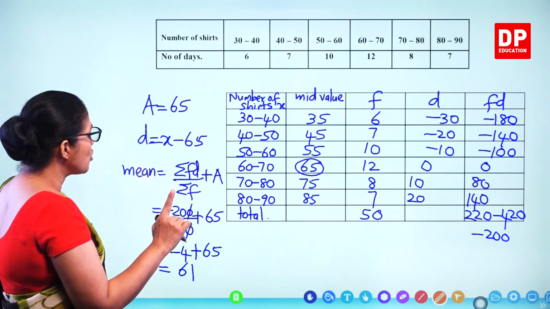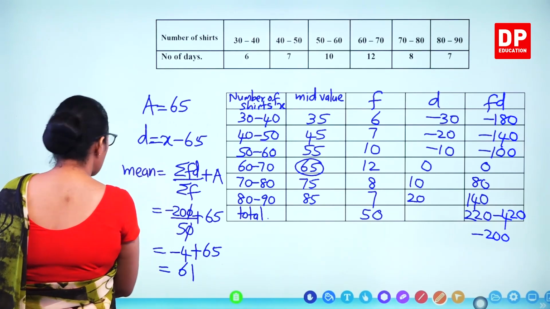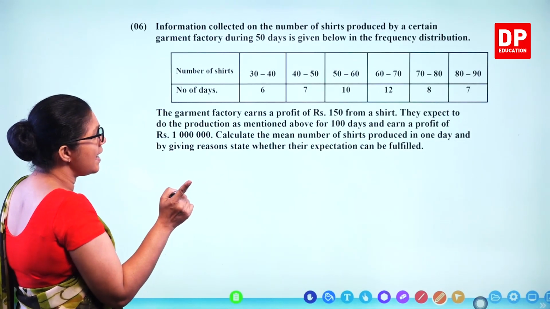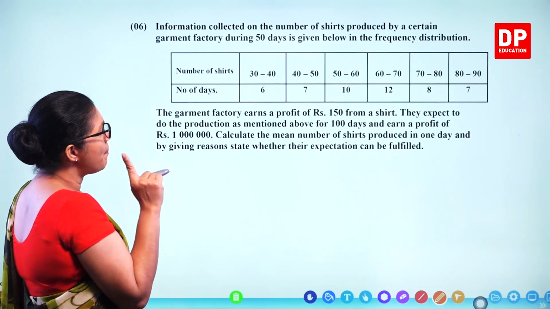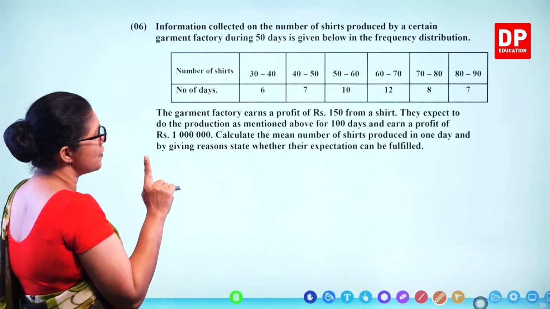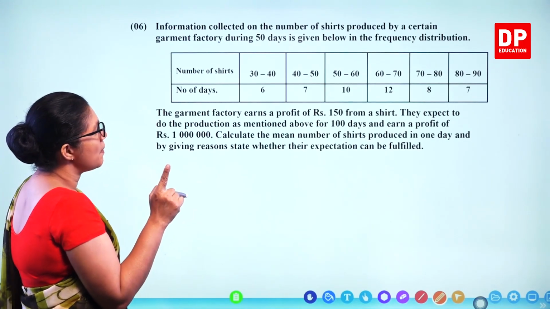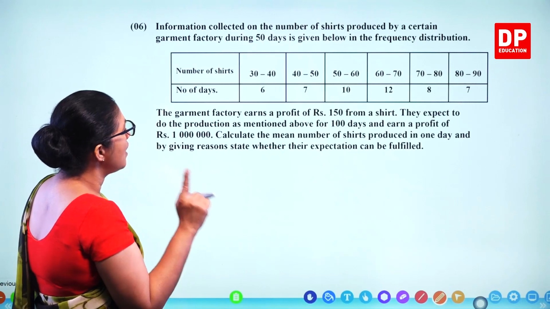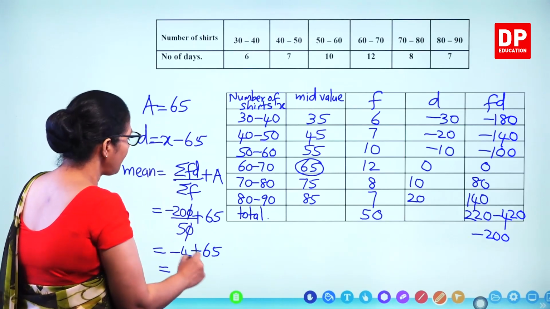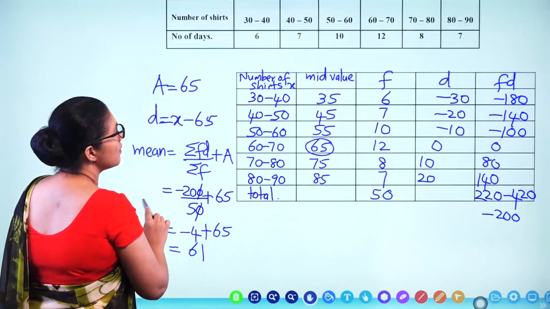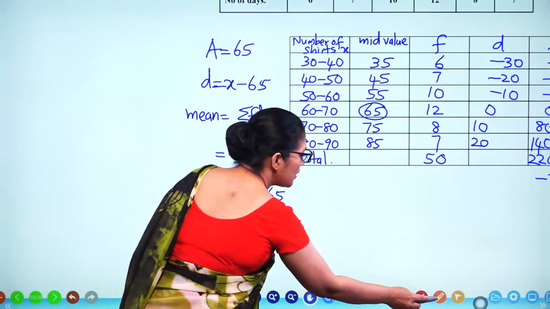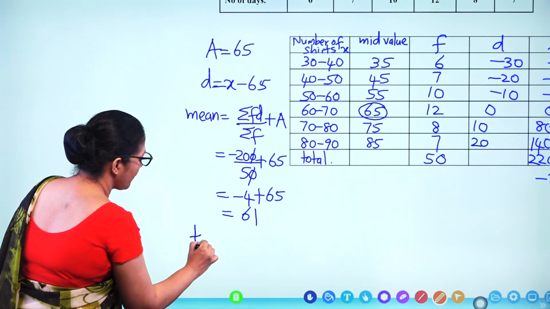But what's the question? The question is to find out for 100 days, and the profit per shirt is 150. So you have to multiply by 150 and 100. So we can calculate the total profit.